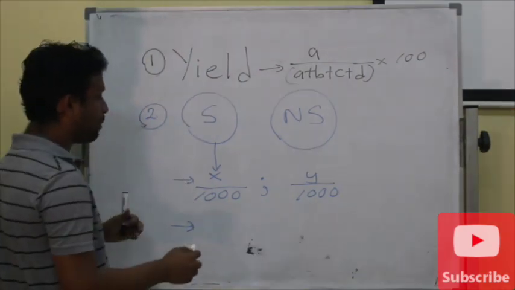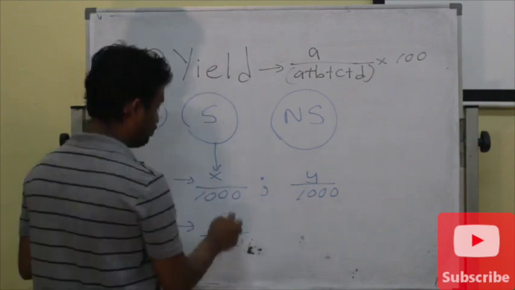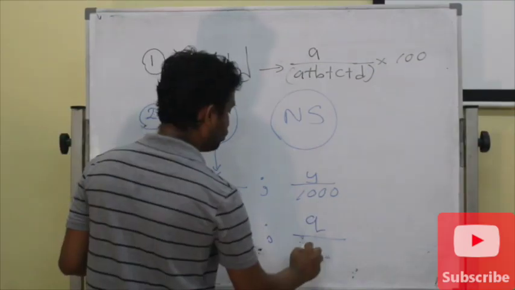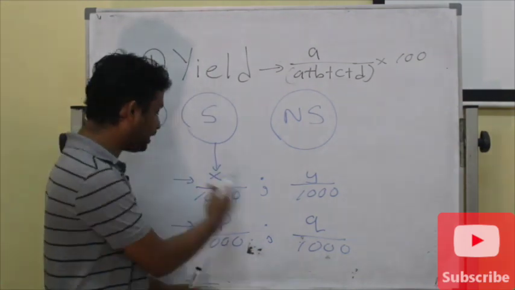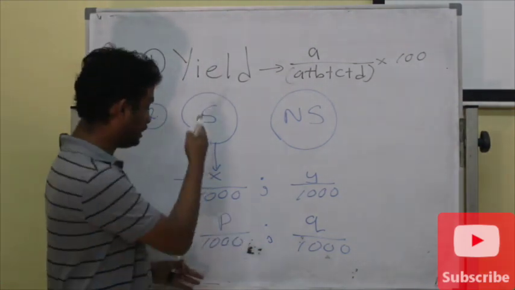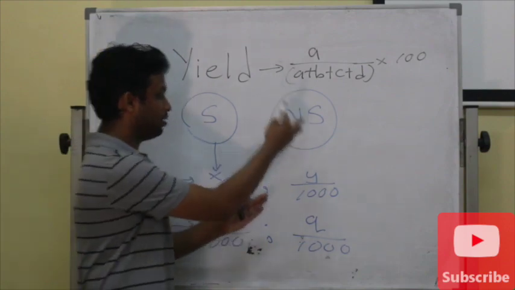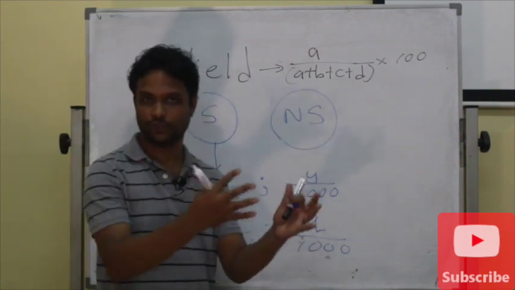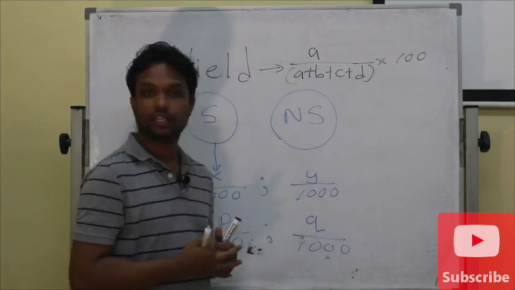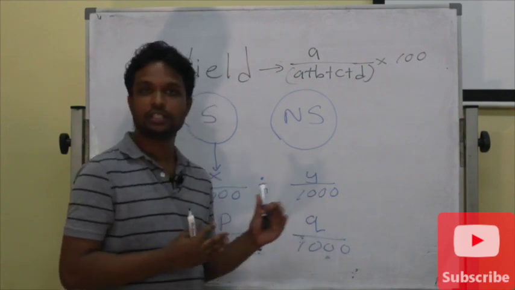Also, we can compare the morbidity. P over 1000, Q over 1000. How many of them have developed complications or bad complications in the screened population? How many of them have developed bad complications or specific complications in the non-screened population? This is another method.